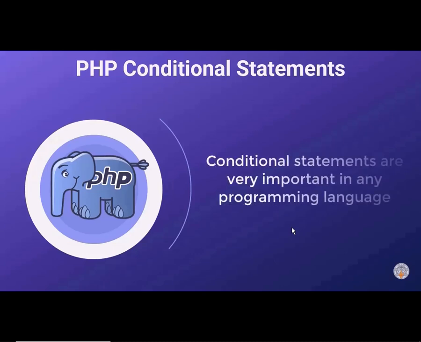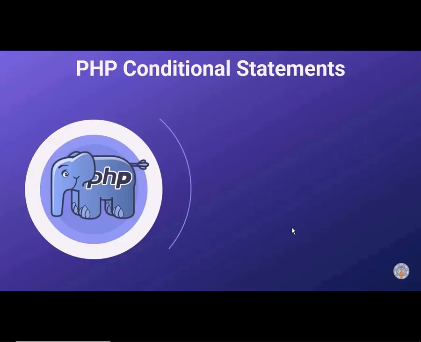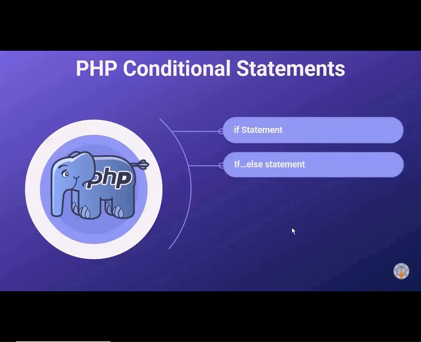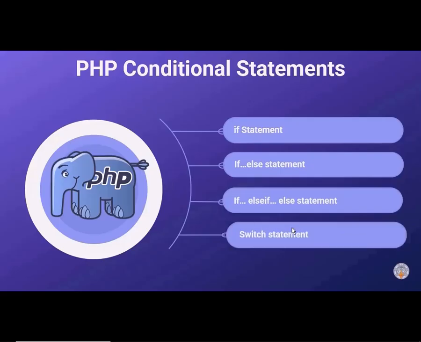Conditional statements are very important in any programming language. Their syntax is the same as C or any other language. The first conditional statement is the if statement, second the if else statement, third the if, else if, else statement, and fourth the switch statement. Let's start with the if statement.